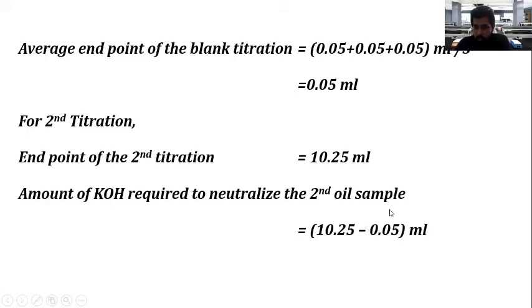We need only the amount of KOH required to neutralize the sample, not the reagents. So that's the use of doing a blank titration. By reducing that, we can take it as 10.20 milliliters.